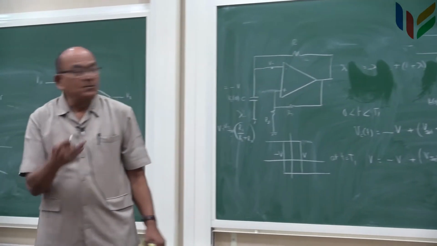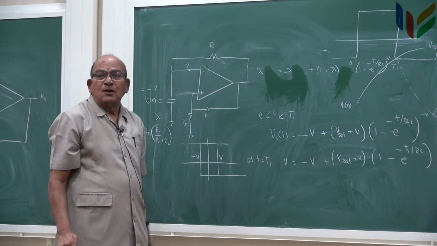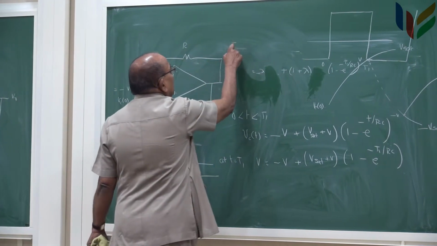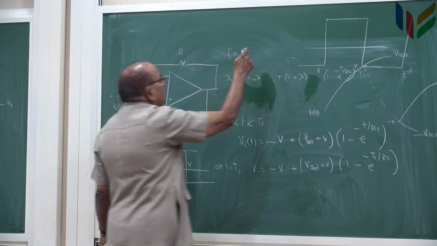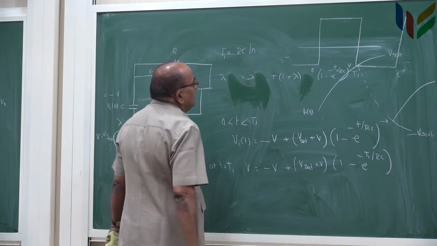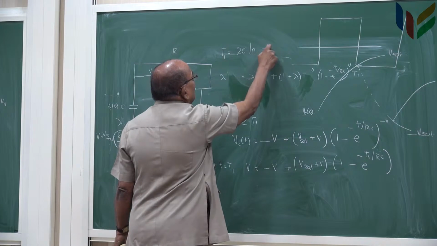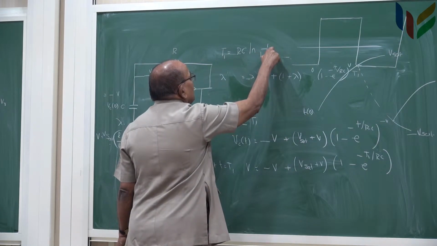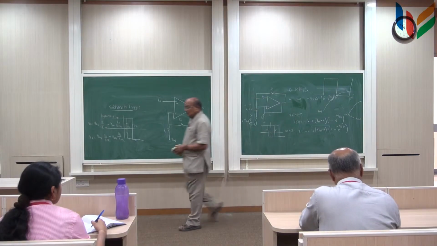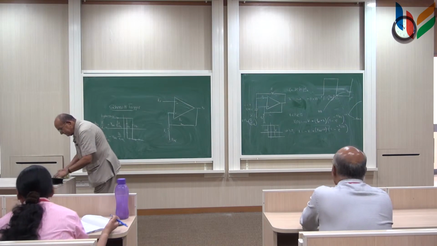Okay, so it is a function of this, and then you can write down from this equation what is the value of T1, and T1 comes out to be, just to simplify this, RC times log 1 by 1 minus lambda. Let me look at my notes.